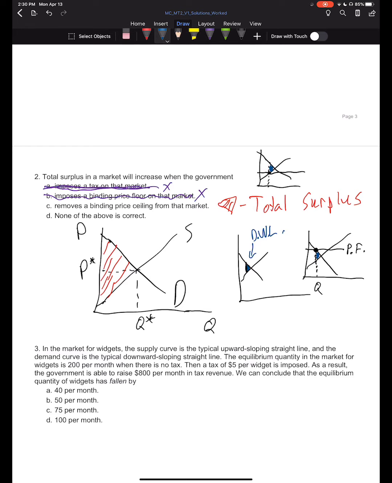Well, when we remove the ceiling, we actually move ourselves back to equilibrium, to our P star, Q star, and we gain all of that area back to get us back to this original graph that we had where surplus is maximized. So the only thing here that is actually going to increase the total surplus in the market is removing a binding price ceiling from that market. So we can go ahead and say, great, C is the answer.